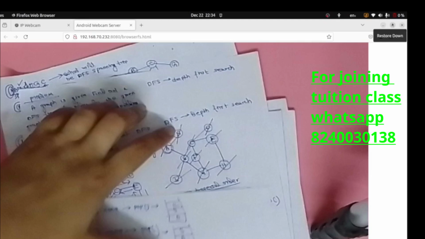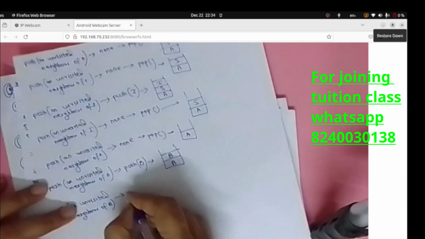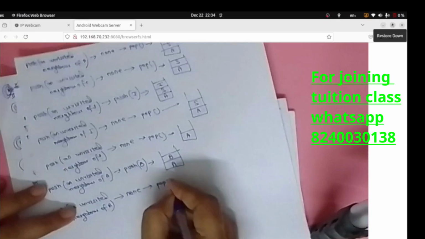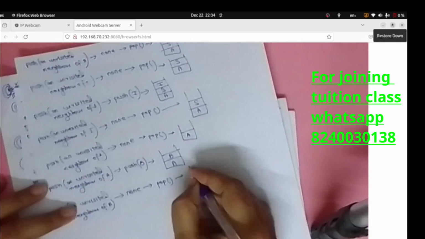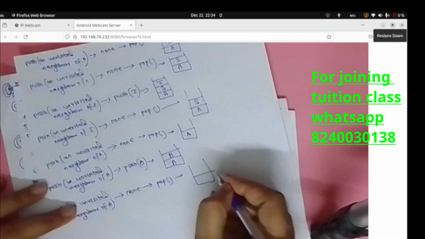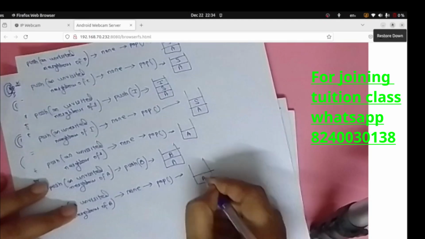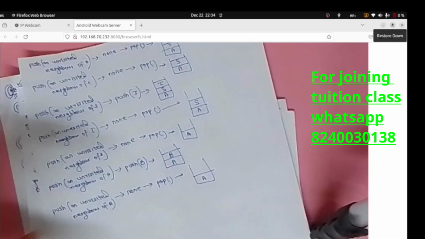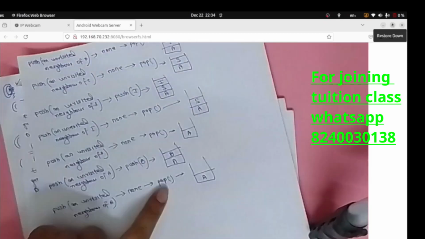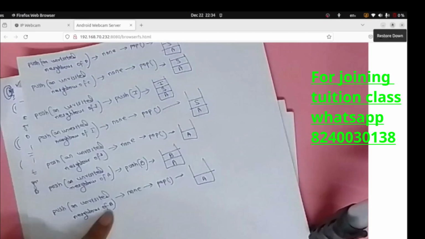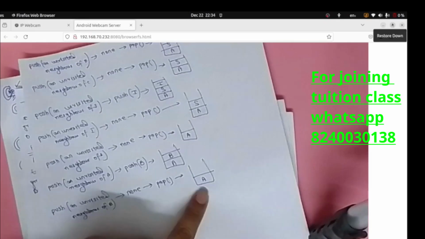So no such vertex, none. So the operation will be pop. The current status of the stack will be only A. B will be deleted from the stack, and as there is a pop operation, there will be a backward movement from the current vertex B to its previous vertex, that is A.